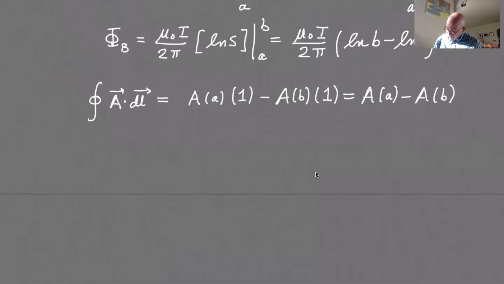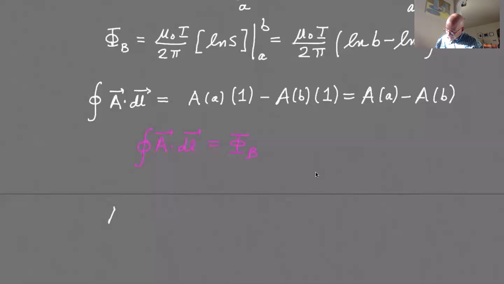So what we have is this, okay, is equal to the flux, right? And that was the key logic there.